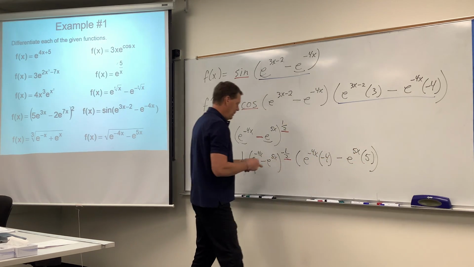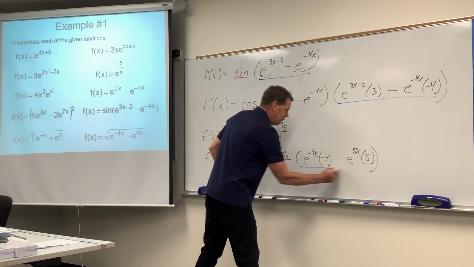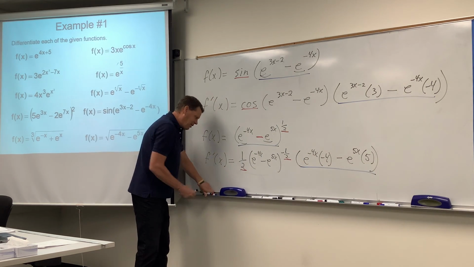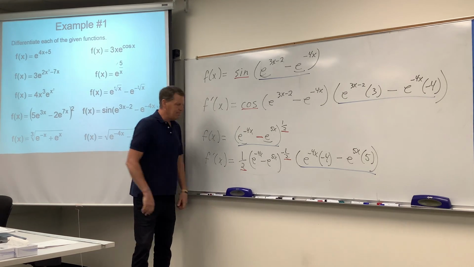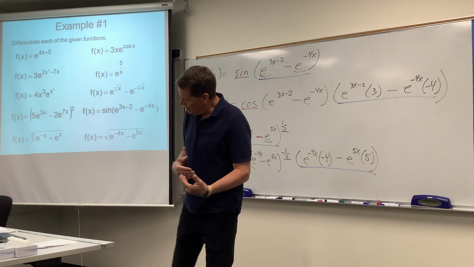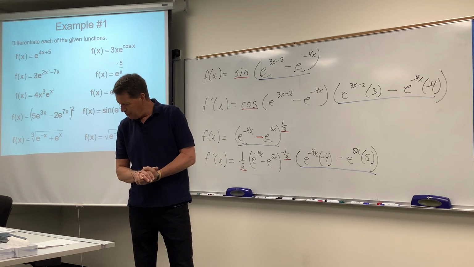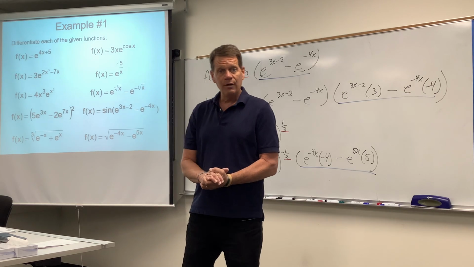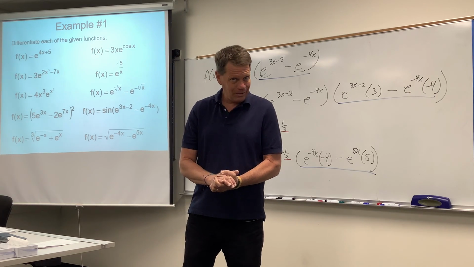Boom. And that would be the derivatives of those respective terms. I think that takes care of how to differentiate functions involving e to a power. We will transition now to the slide that has example 2, and we'll introduce the rule for finding the derivative of natural log. All right?